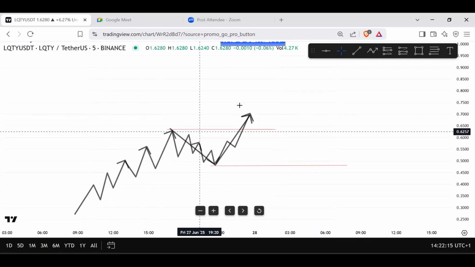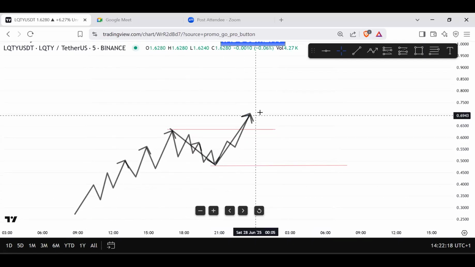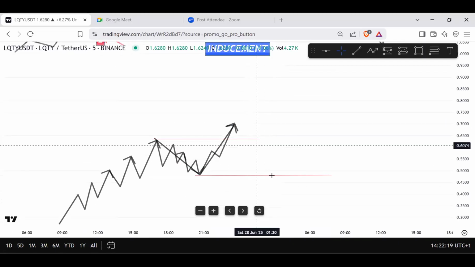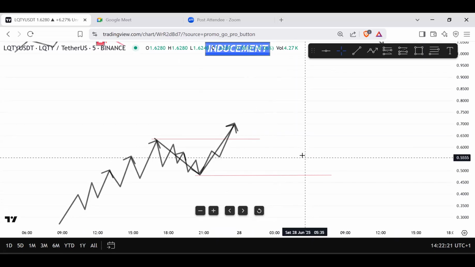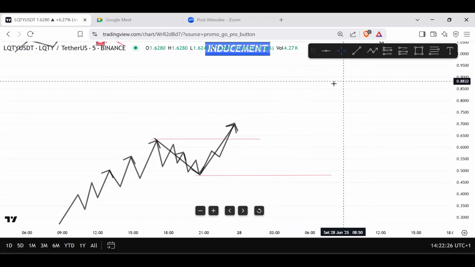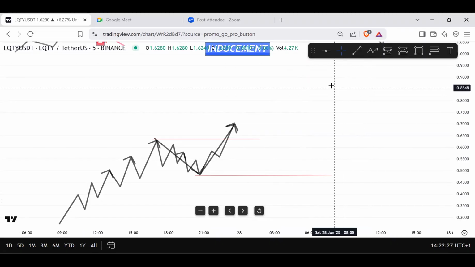We still don't know the end of this impulsive move until there's a correction. So when we see a correction, we cannot decide that's a valid entry, right? Because even after having the correction it can still go up. So a correction is not a clear indication that we can take a valid trade, right?